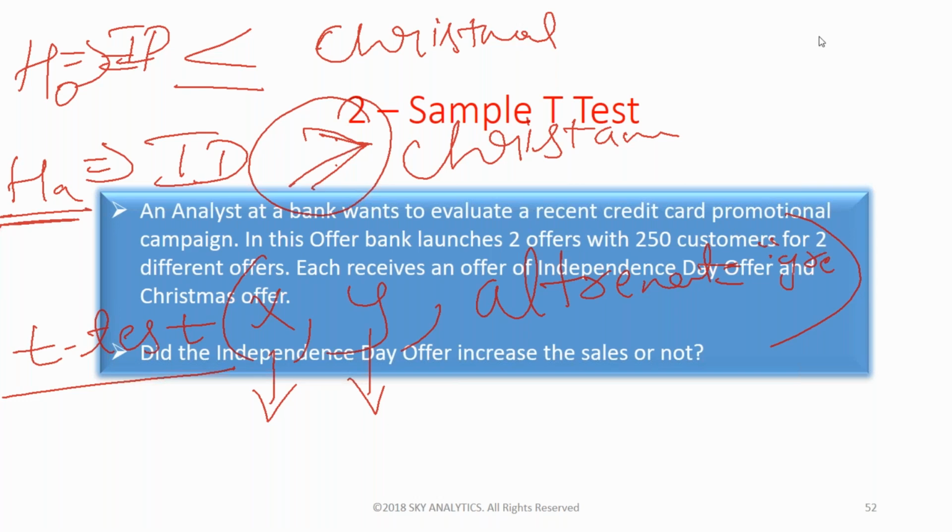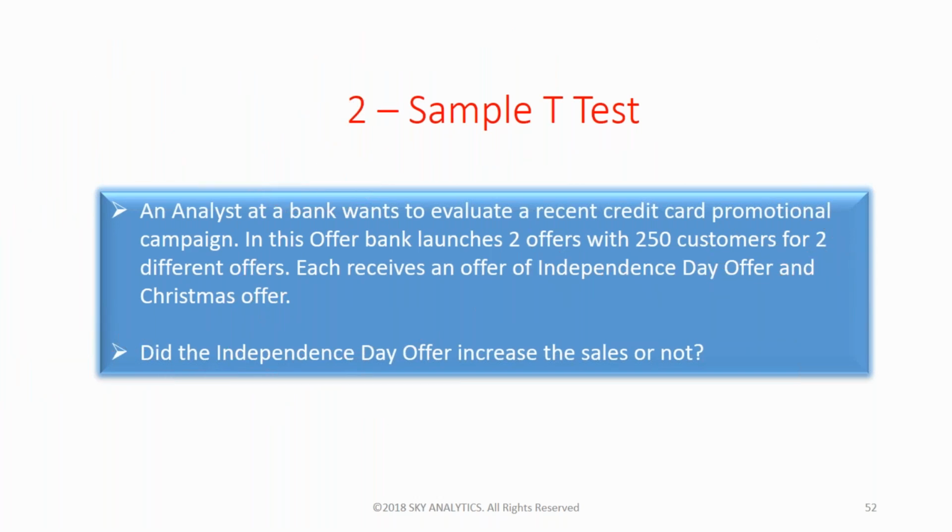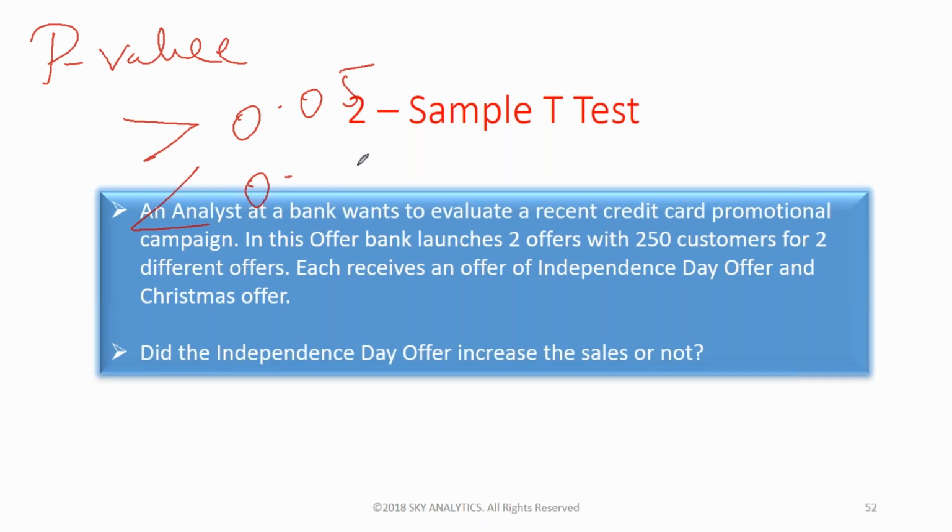So once you run this, you are going to get your p-value. Based on this p-value, you are checking whether it is greater than 0.05 or less than 0.05. In our case, we got it as less than 0.05. So you came to know that Independence Day sales is greater than Christmas sales.